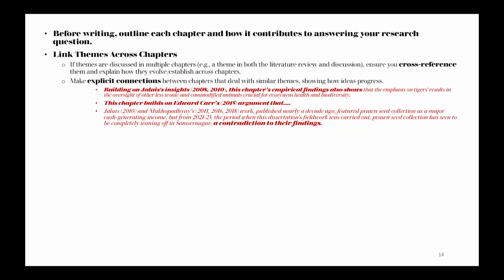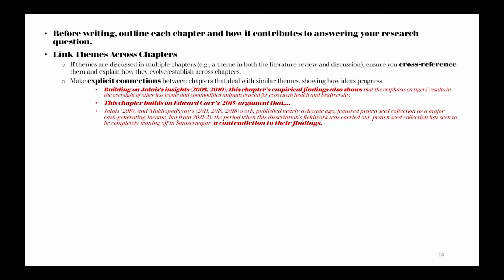For example, I was working in environmental anthropology in the Sundarbans, where one of the stalwarts or pioneers is Anujalai. When I'm trying to make an explicit connection between chapters, I wanted to say something like, "building on Jalai's insight," or "there are similar contentions," or "this chapter builds on a particular author's argument."